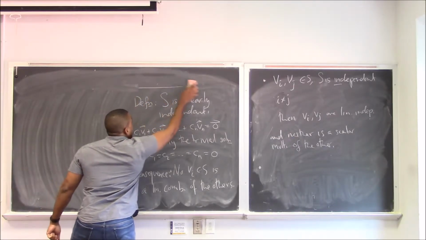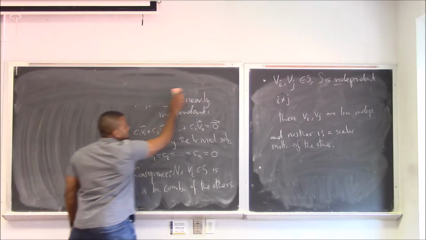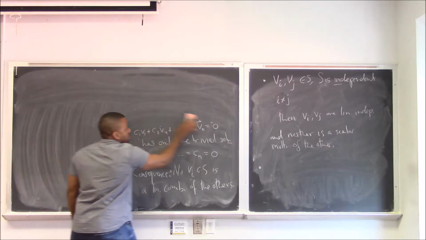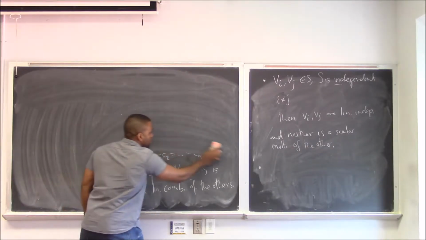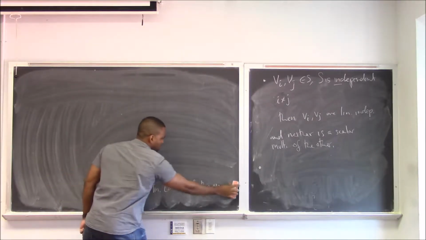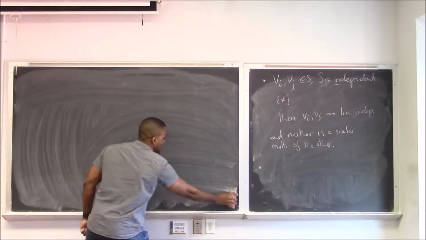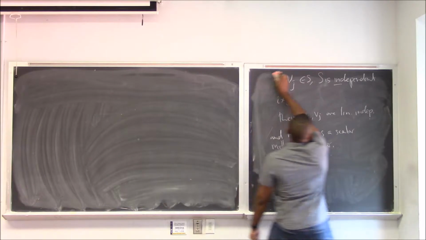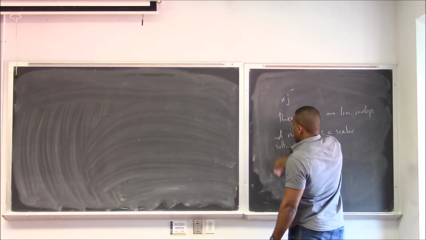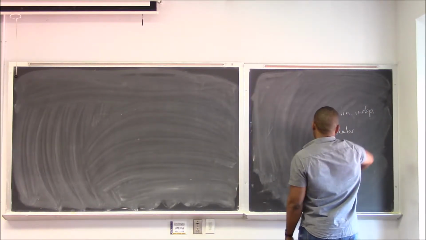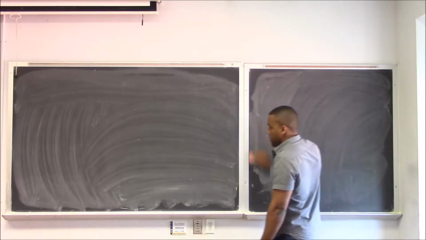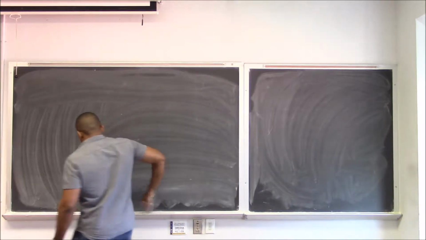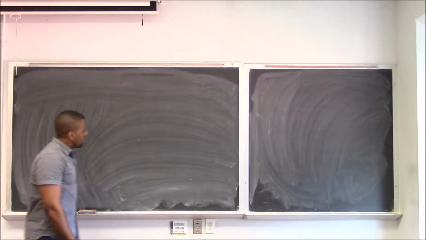Last time we proved some facts about linear independence. If a set contains the zero vector of the vector space, when is such a set linearly independent? It is never linearly independent. So 0 cannot be a member of any linearly independent set. If we know a set only has one element, that element better be non-zero, and that's when it's going to be independent.